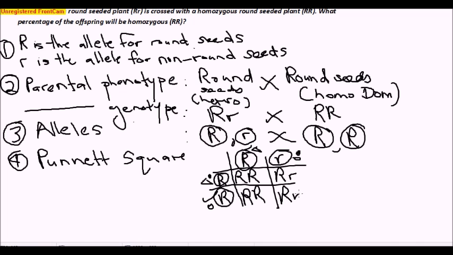Now after that, step 5, you're going to write down the phenotype of the offspring. So you can write offspring phenotype.